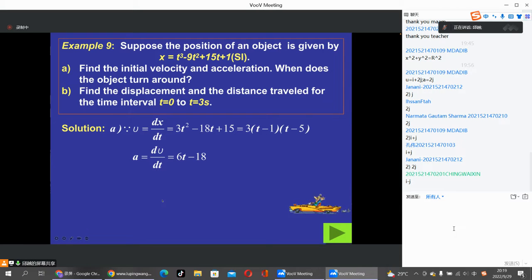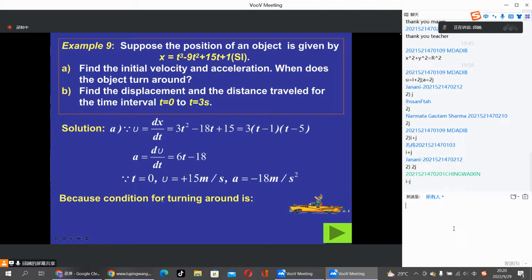By putting t equals 0 into these functions, we can get the initial velocity and acceleration. The condition for turning around is v equals 0. So when v equals 0, t equals 1 or 5.